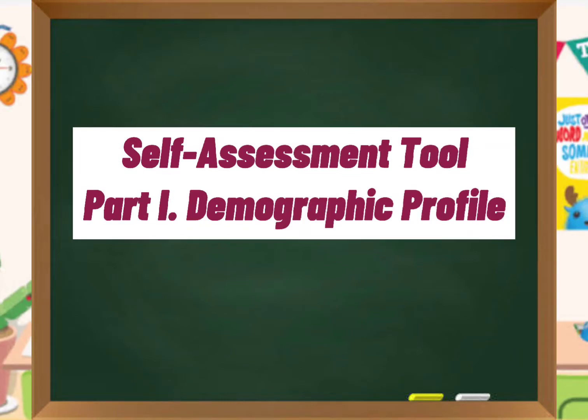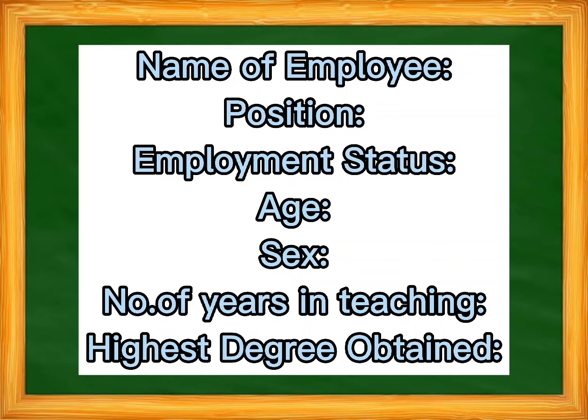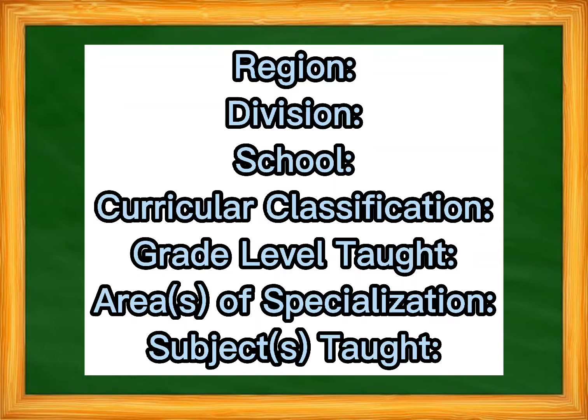Okay, so let's have the self-assessment tool Part 1, which is the demographic profile. It includes the name of employee, position, employment status, age, sex, number of years in teaching, and highest degree obtained. And region, division, school, curricular classification, grade level taught, areas of specialization, and subjects taught.